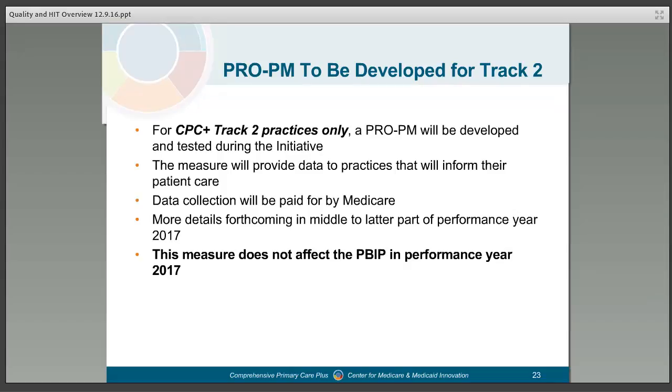This will not affect your performance-based incentive payment. This is simply a measure that we create and generate that we hope can be used in the future for primary care for better understanding of how patients are perceiving the quality of care they're receiving.